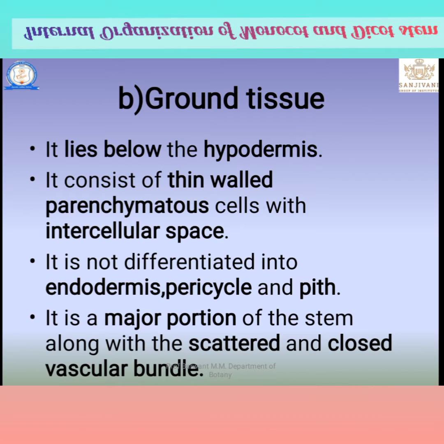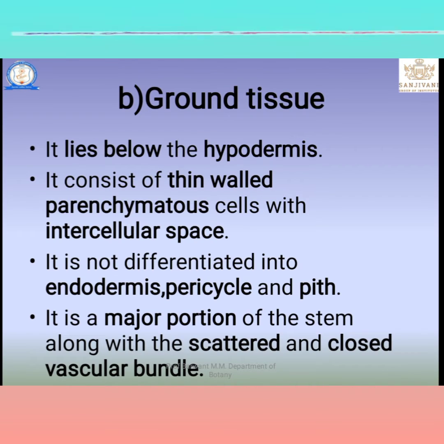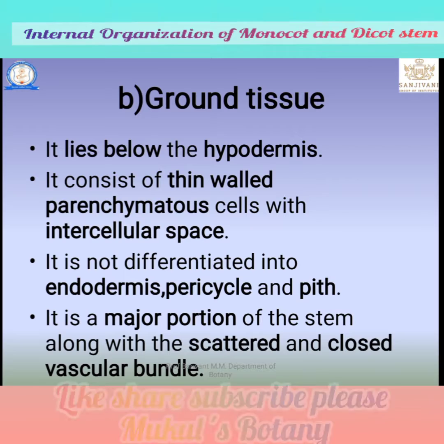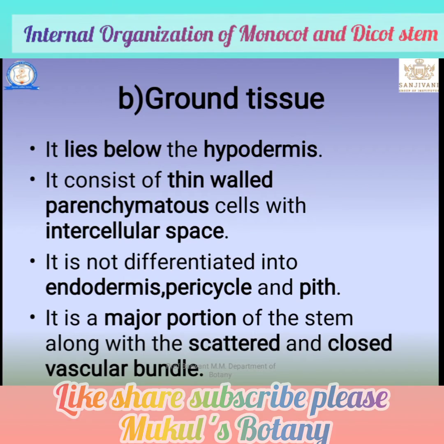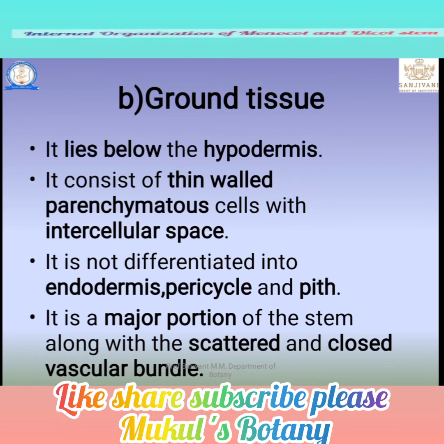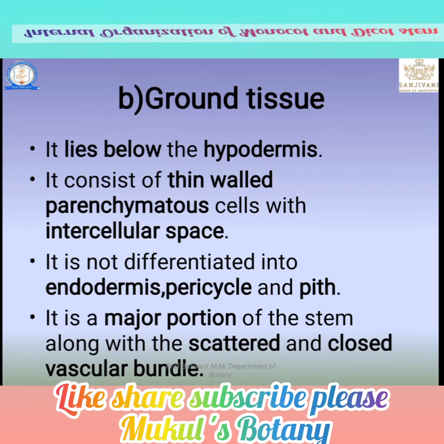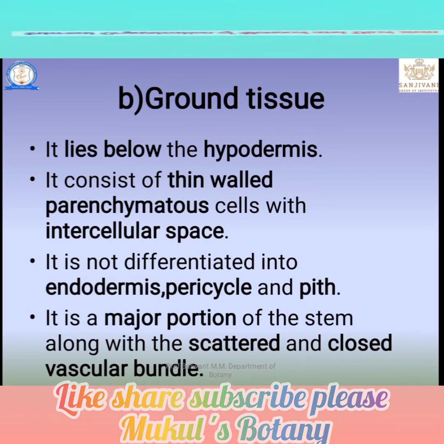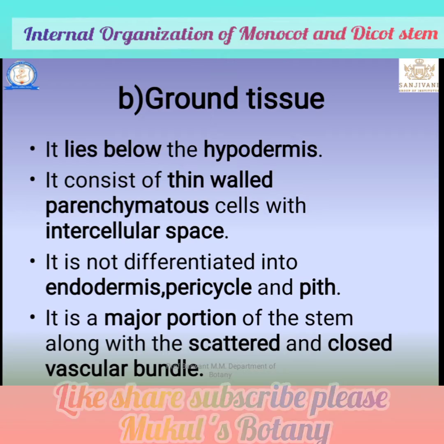Okay, understand ground tissue or the general cortex. First I have explained the position, then which type of cell. Intercellular spaces are present. It is not differentiated into endodermis, pericycle and pith.